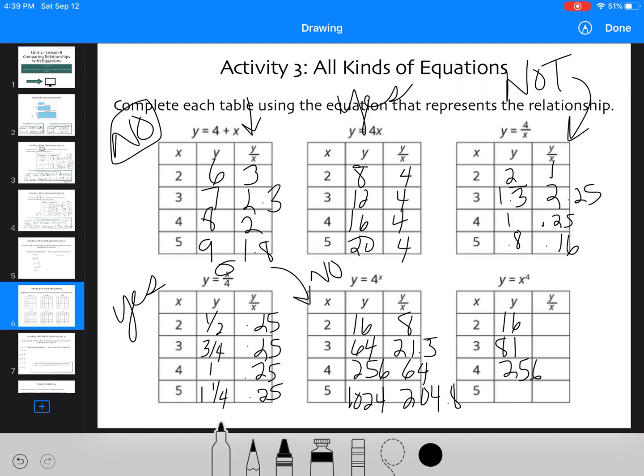And then 5 times 5 times 5 times 5, 625. So then if I'm going to test it, I get 8. I don't think this one's going to work. 27, 64, 125. So this is also a no.